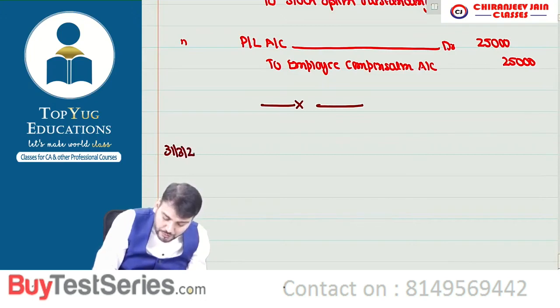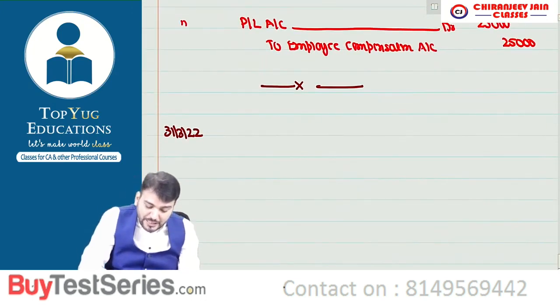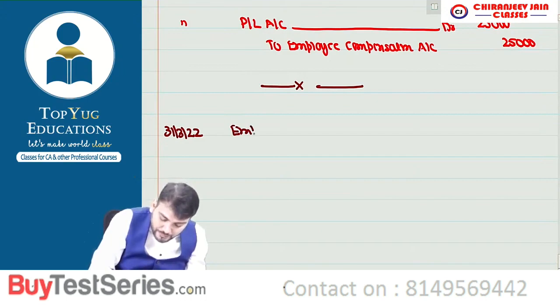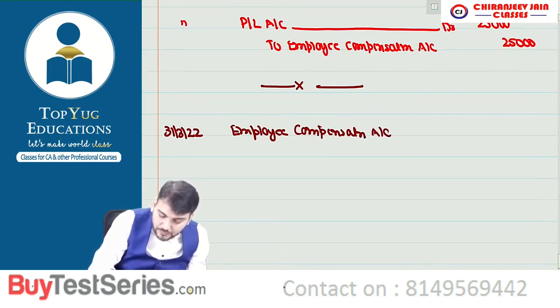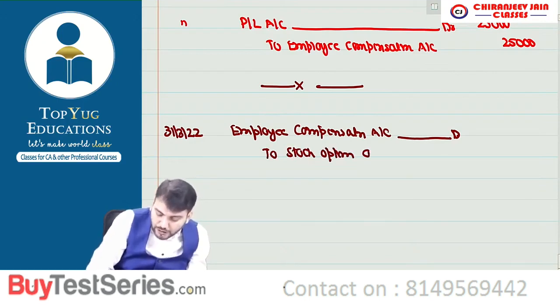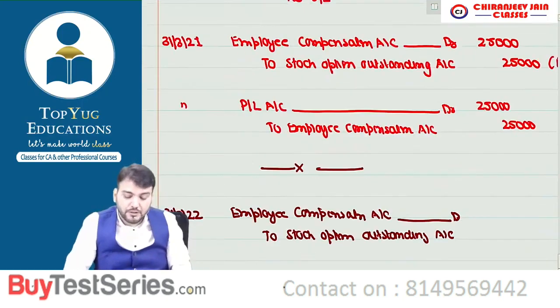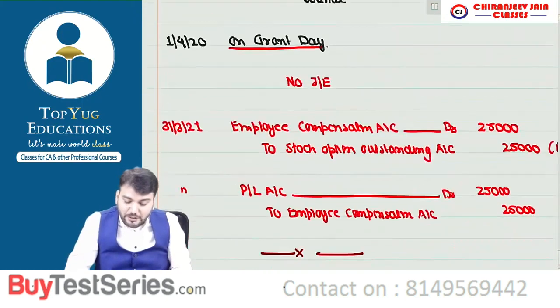31st March 2022. Once again same journal entry. Employee compensation account debit to stock option outstanding account. तो what is the second year expense कितना था 27,500.